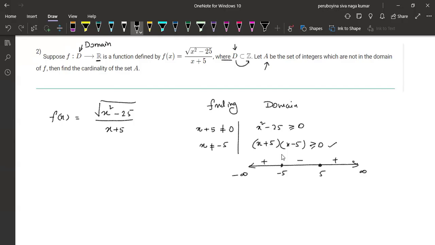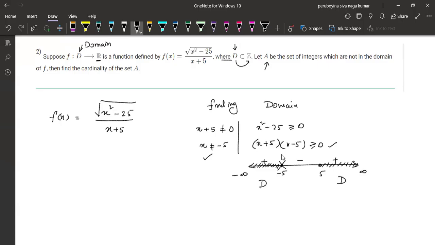This inequality requires positive values. That means every number in this part will be the domain, and also this part. And this condition says it is not equal to minus 5, that means we should not consider this point. So except minus 5, this is D, and this is also D.